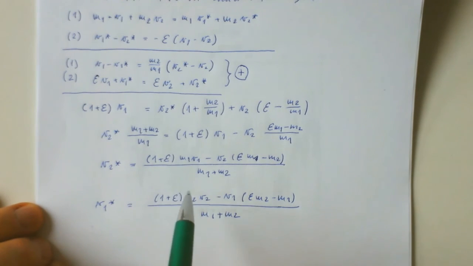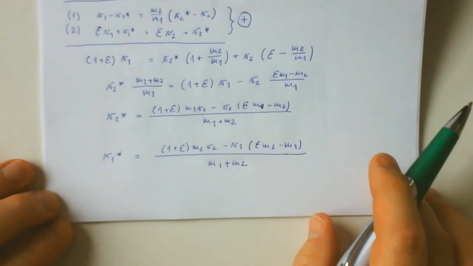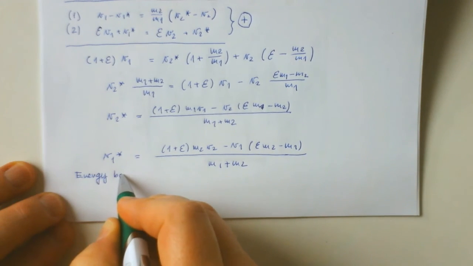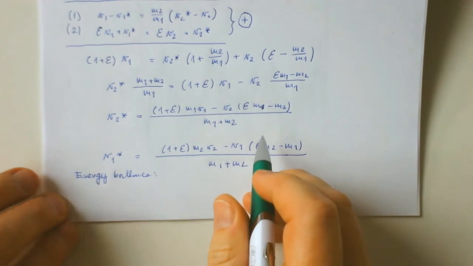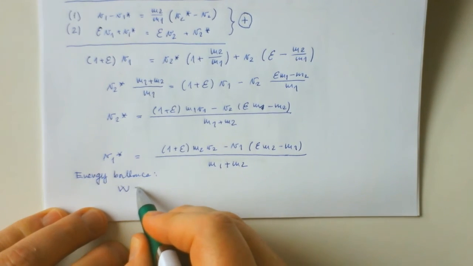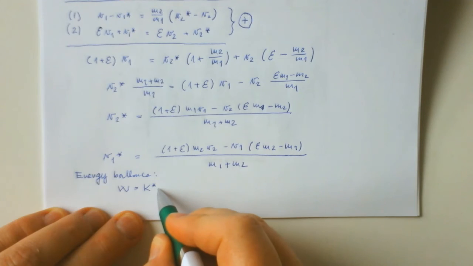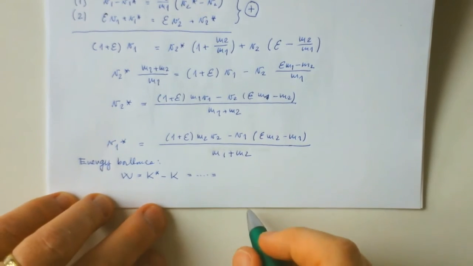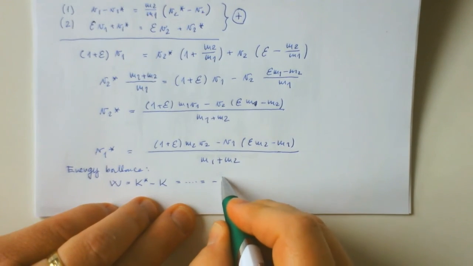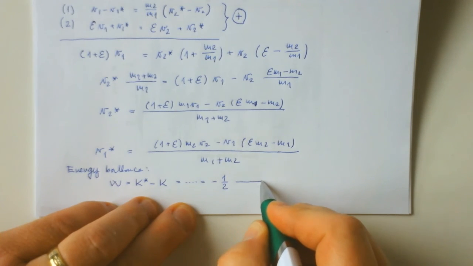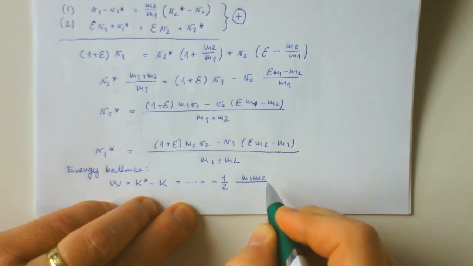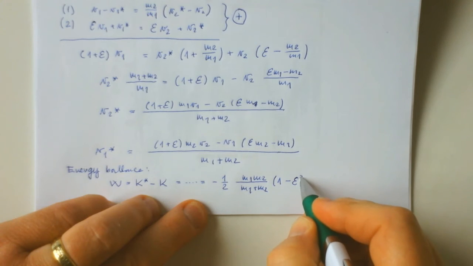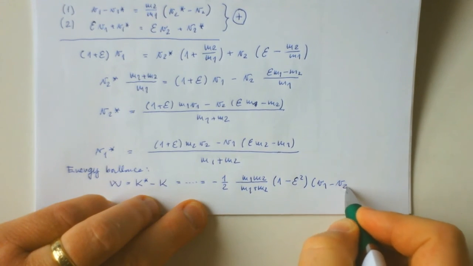What are velocities after collision? If we make an energy balance and compare the kinetic energy after collision and before collision, you can try to calculate it, but the result is this: minus m1 m2 over (m1 plus m2) times (1 minus epsilon squared) times (v1 minus v2) squared.